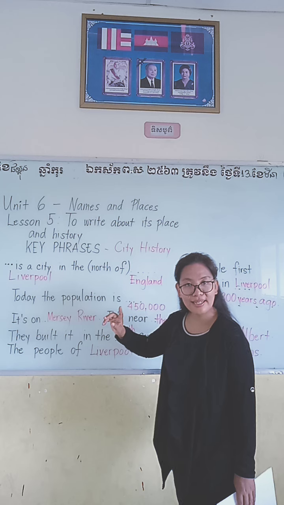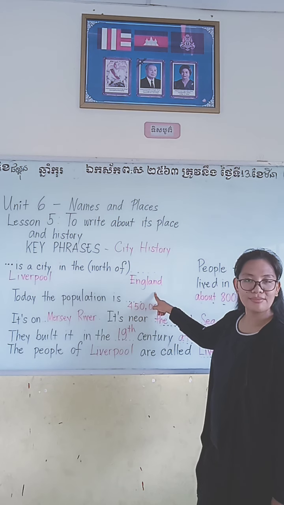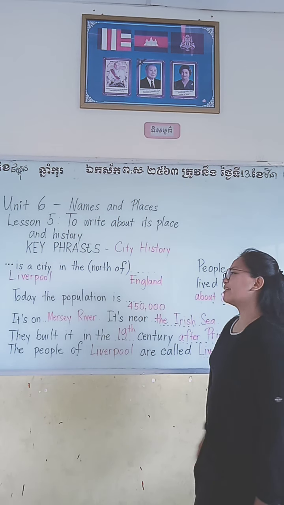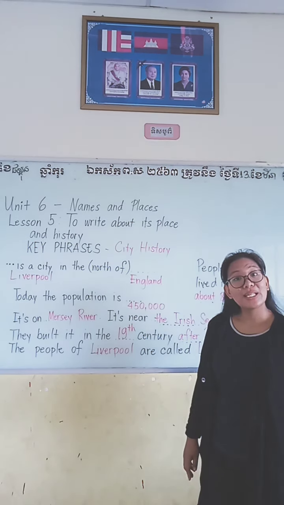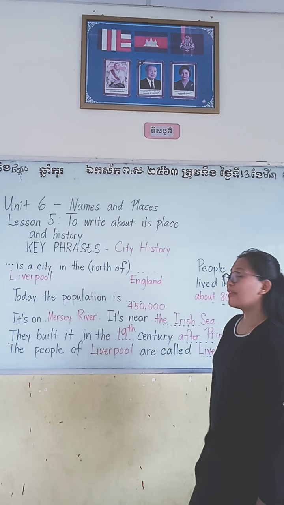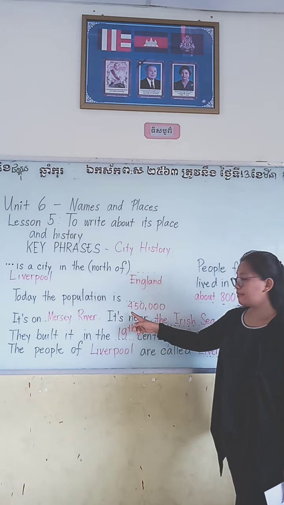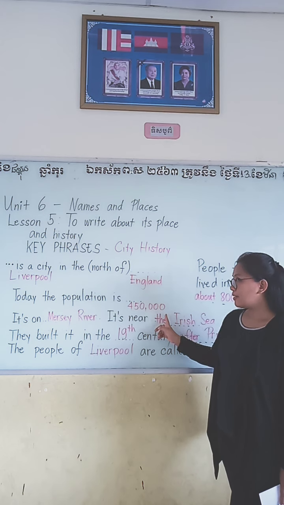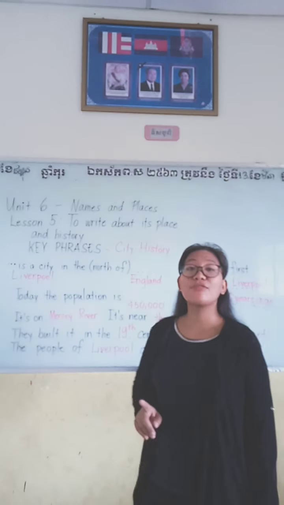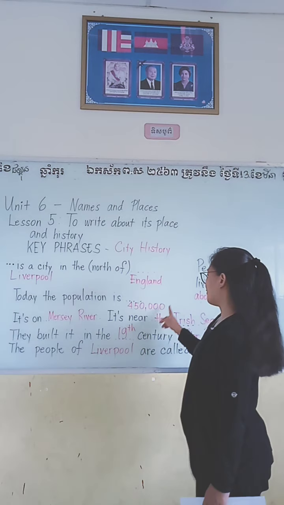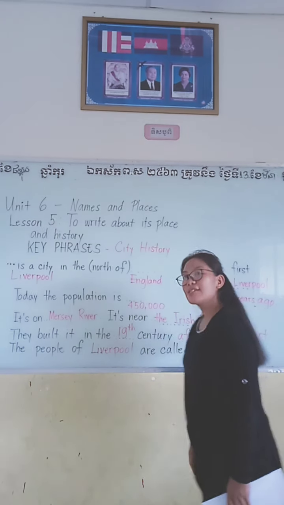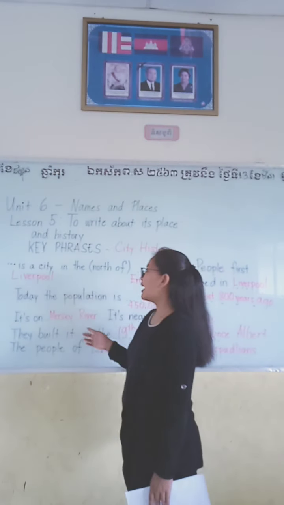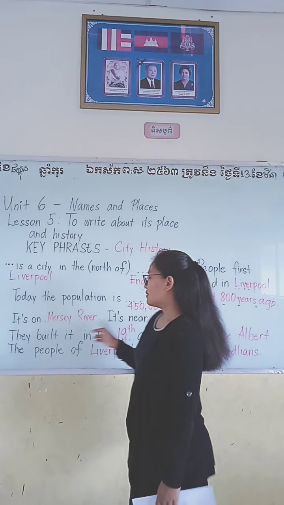It is in, very good, England. What is the population there today? Very good. It is 450,000. Very good. Next, where can you find Liverpool?